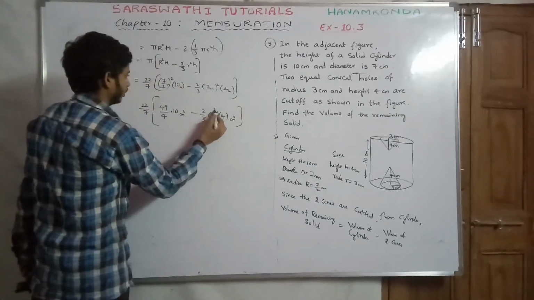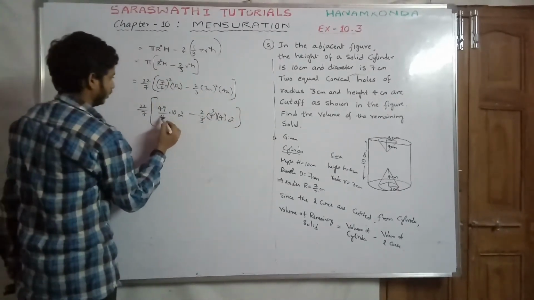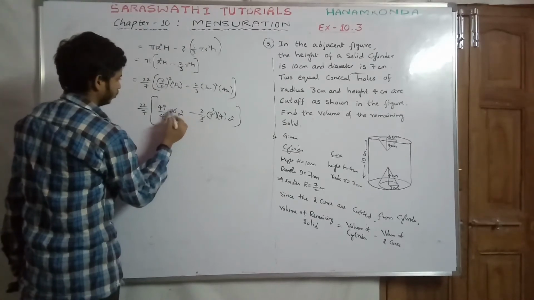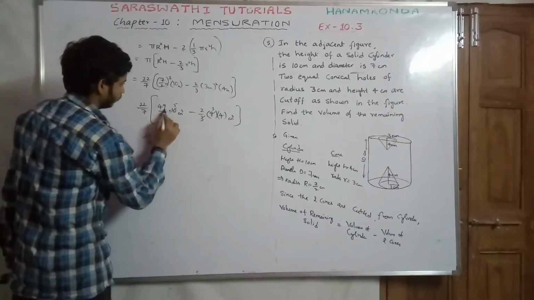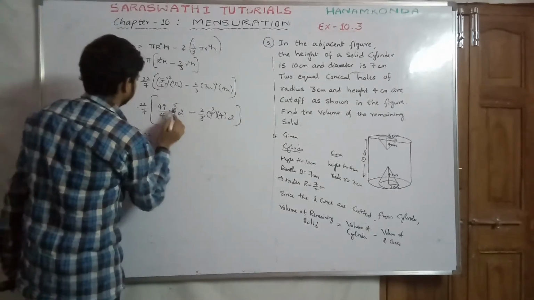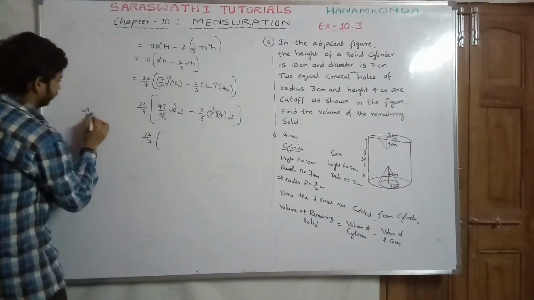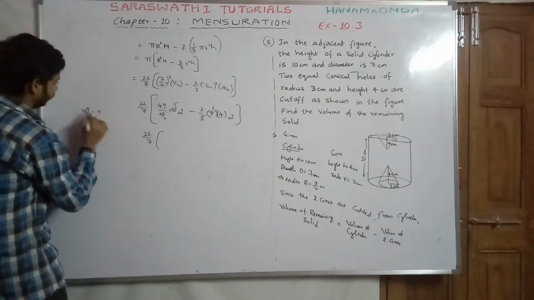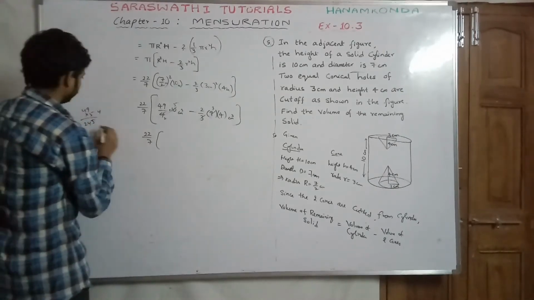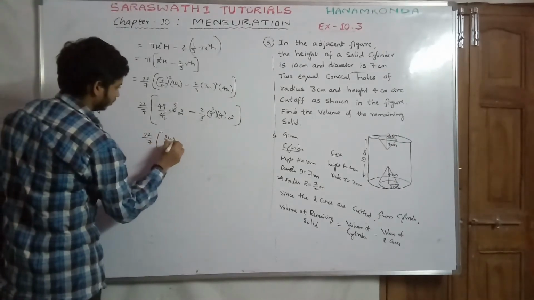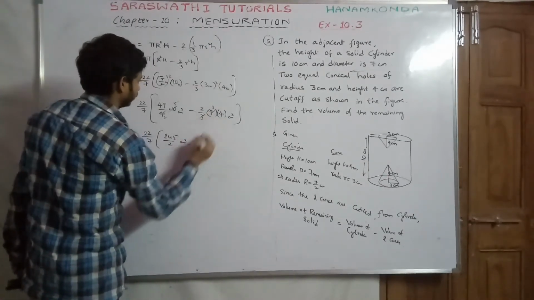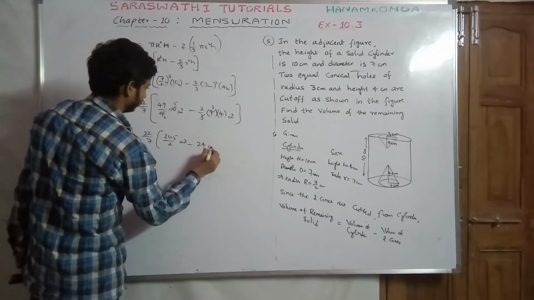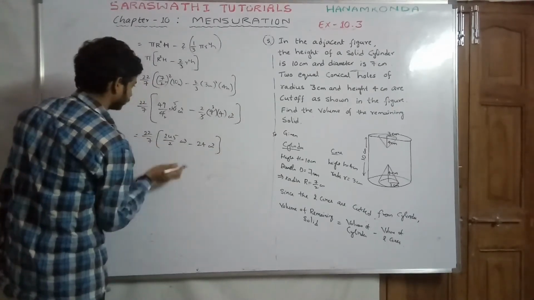The 3s cancel, and the 2s cancel with the 10 to give 5, so 22 by 7 into 49 into 5 by 2. 49 into 5 is 245 by 2 cubic centimeters, minus 2 3s are 6, 6 4s are 24 cubic centimeters.